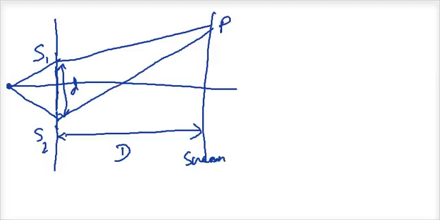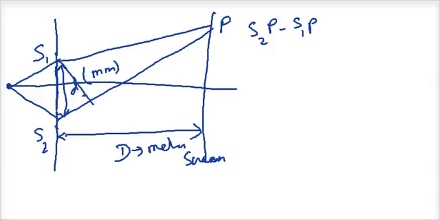So this is any point P. Then again we have to find out S2P minus S1P. Just for your information, small d is usually in millimeters and capital D is usually in meters. So we are talking about very small angles here. In such cases, if I drop a perpendicular from here, I can assume that this is the path difference, and this path difference can be equated to d sine theta.